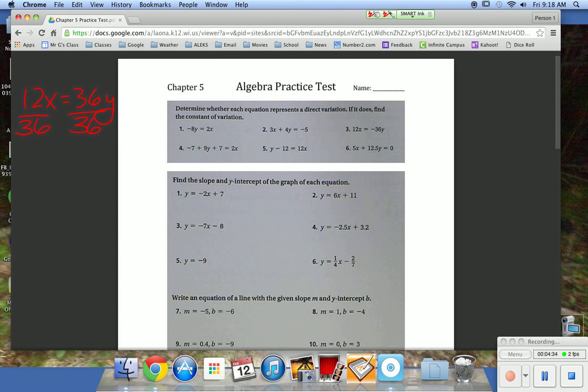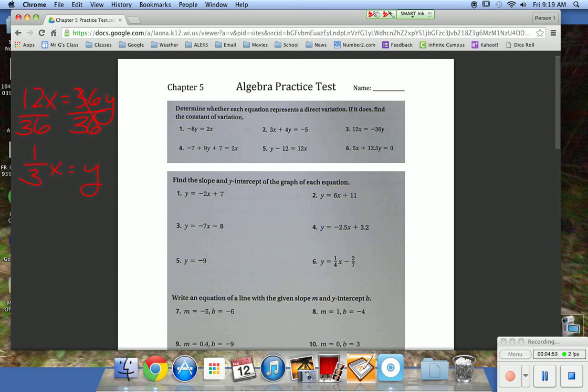What do I want to get by myself? Do I want to get my x by itself or the y? I want to get the y by itself, right? So this cancels out. This is actually 1/3 x equals y. Does that meet my criteria?